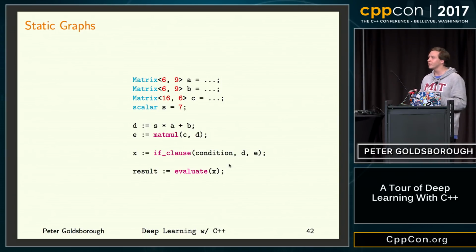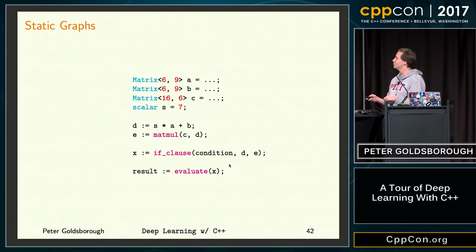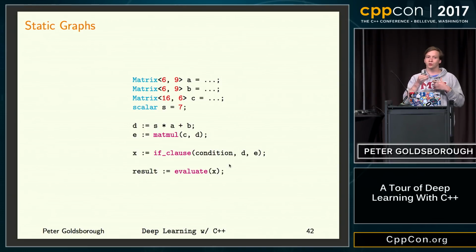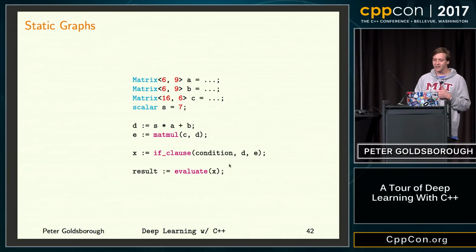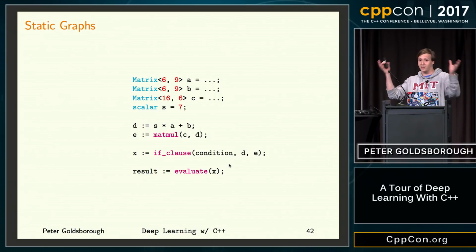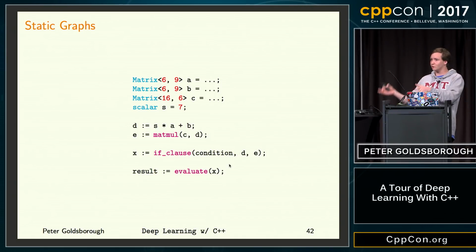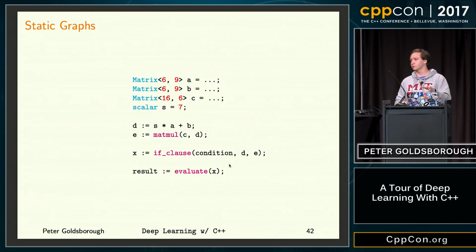The first thing is that we usually cannot use the programming language's native control flow. So you usually have weird things like this if clause operation, because you can't actually use normal control flow, you have to add operations to the computation graph that do the control flow for you. So in this case, you would have this kind of if clause operation, which takes a computation graph and then two other computation graphs, and then during the evaluation of the graph would return either the one or the other result.